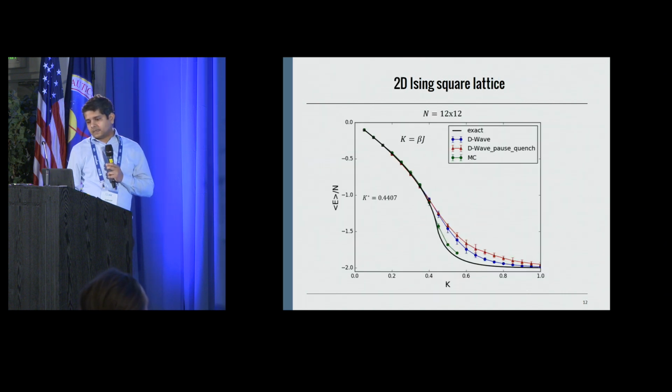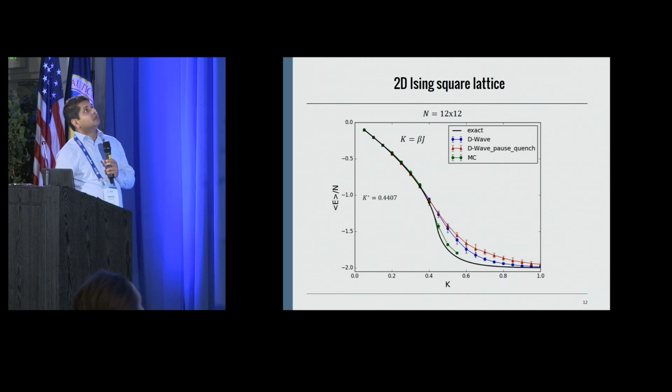All right, so moving along. We tested this on the 2D square lattice model too. This is the case where we have a 12 by 12 lattice. What you see is the lines are, again, the exact values, while the circles are for D-Wave and Monte Carlo simulations. As you know, the 2D case exhibits a phase transition.